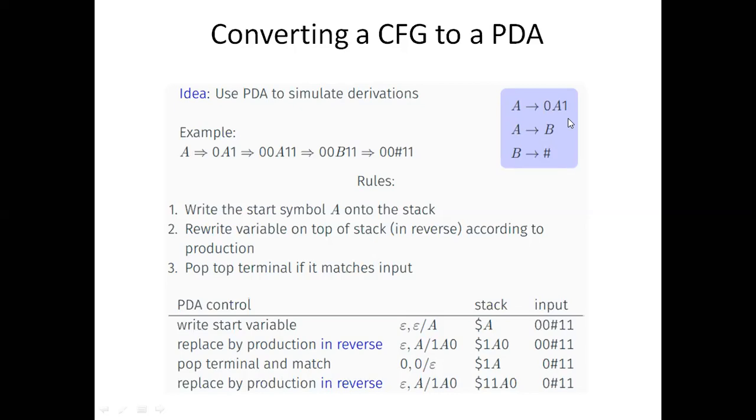And whenever there is a terminal symbol in your context free grammar, for every terminal we should have a rule like this: if there is a terminal on the top of the stack and the same terminal is under the tape head on the input tape, we have to perform a pop operation.